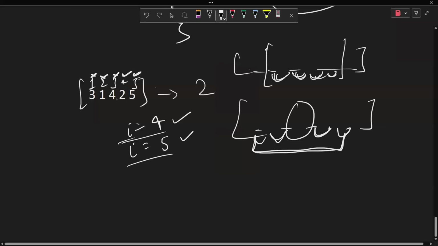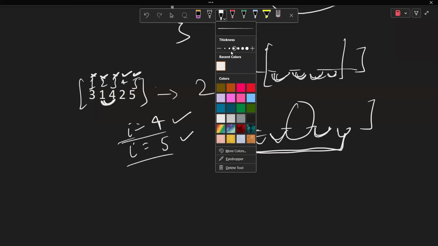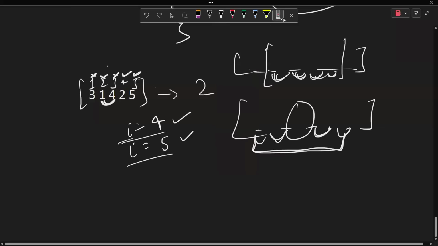Now, if we swap these two, what change would happen? So let's recheck all pairs after swapping these two. For this pair, for this to be a permutation, only this element matters. So if we are swapping these two, this would never get affected.